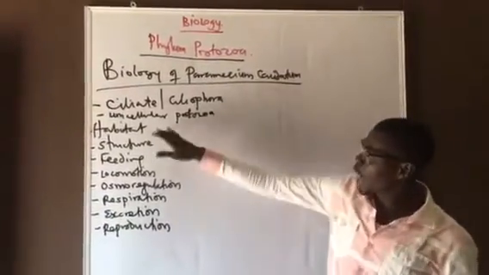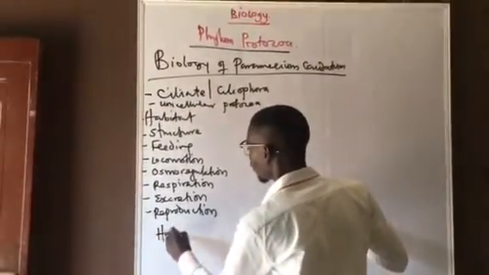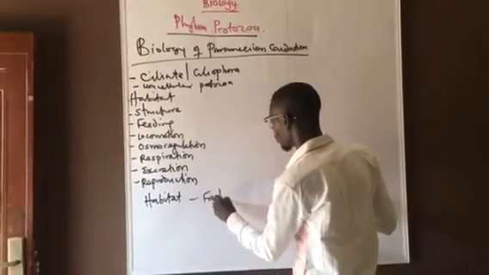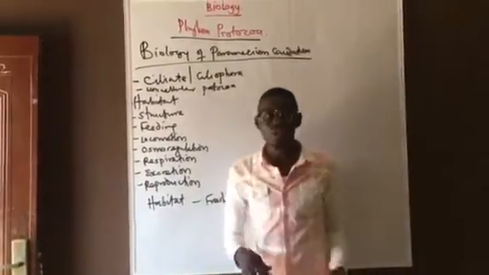So let's start from the habitat. Paramecium are usually found in fresh water. The habitat of paramecium is fresh water, precisely stagnant water.